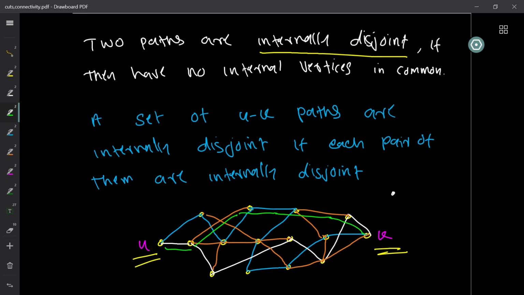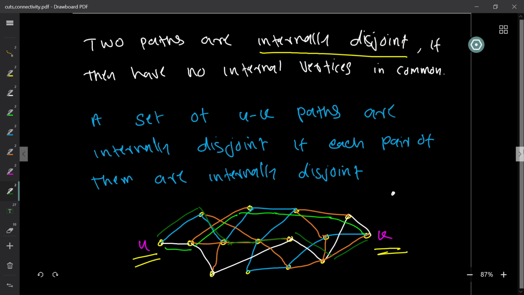Now this path is not internally disjoint with the blue path or the white path, but you can probably find another path, let's say this one, which is internally disjoint. So such paths are called internally disjoint, and yeah, you get the idea. So we will use this notion to define some other parameters later, not at the moment.